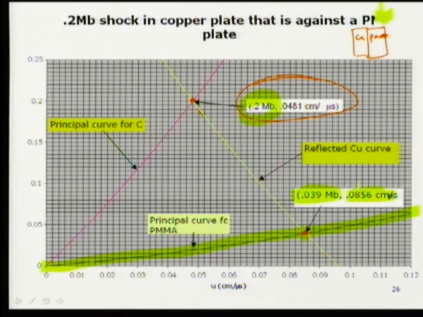So that is an impedance matching problem that gives you a way of designing experiments when you're doing experiments with particularly a gas gun, but also a flyer plate from a different source, such as an explosive flyer plate that the explosive drives across the gap.